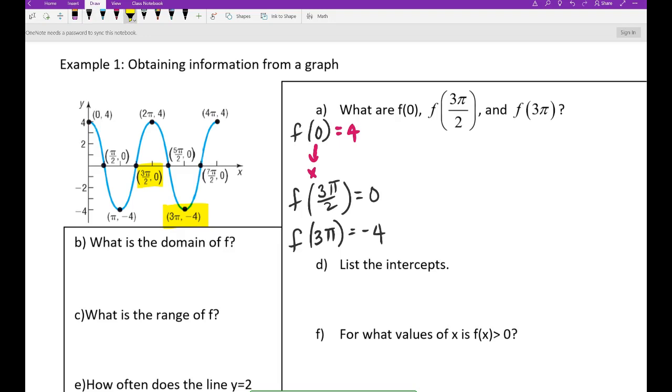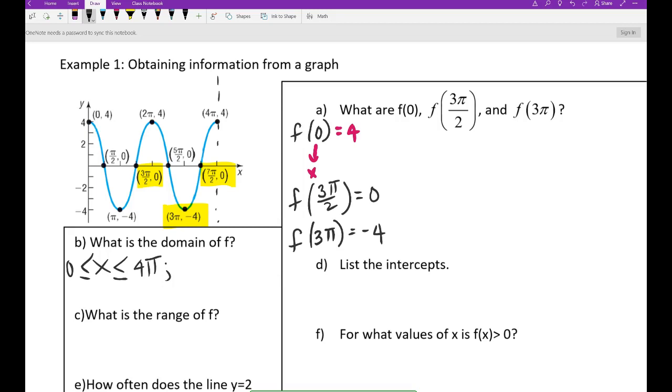Oh, I see what you're seeing. Does it end at 7 pi over 2? Can you see this is where it ends? What is that value? 4 pi. You're right. So is the domain inclusive or non-inclusive? Inclusive. So we include 0, and we will also include 4 pi.